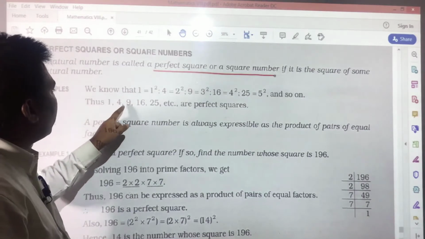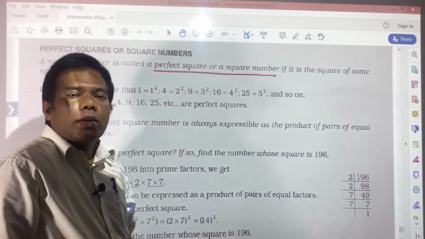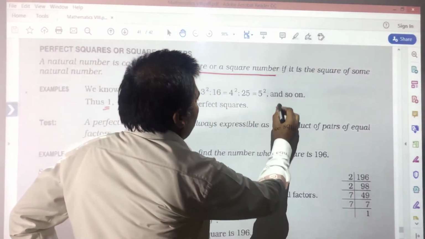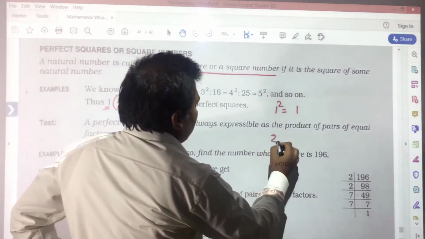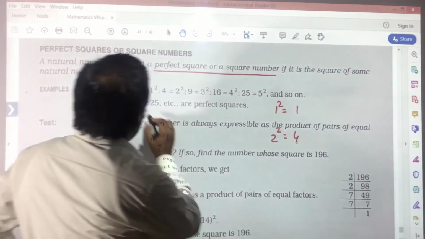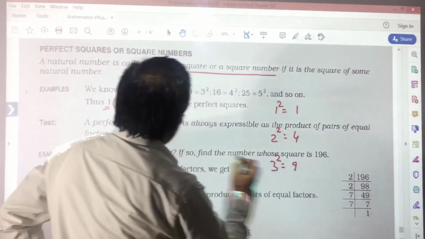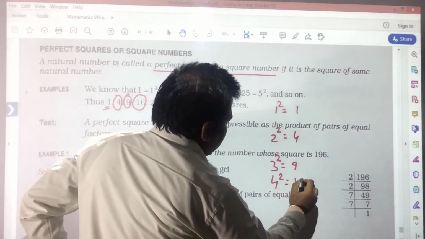Thus, 1, 4, 9, 16, 25, etc. are perfect squares. Here you see 1 square you get 1, 2 square you get 4, 3 square you get 9, 4 square you get 16.